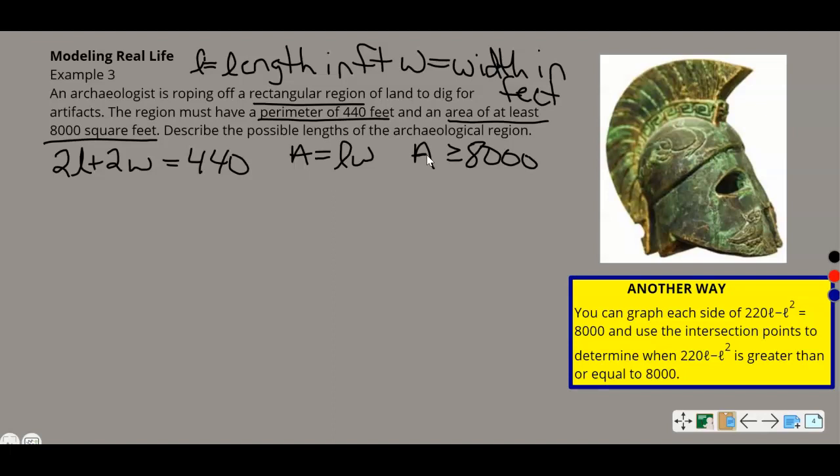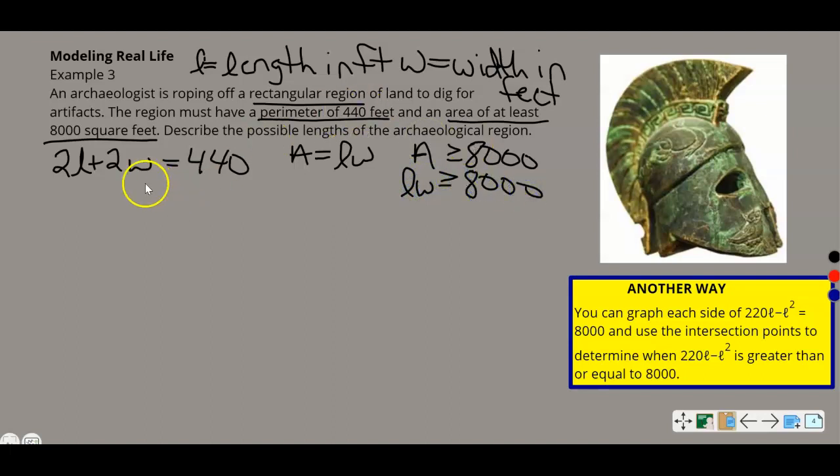So we have perimeter: twice the length plus twice the width equals 440. And we have area, length times width, greater than or equal to 8,000.